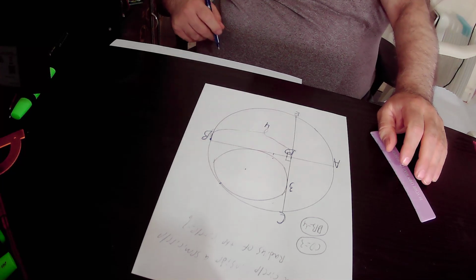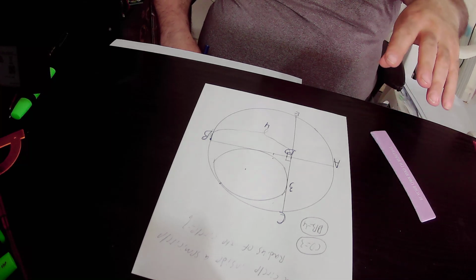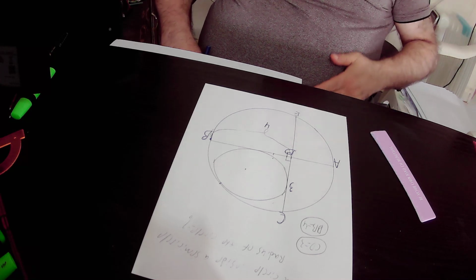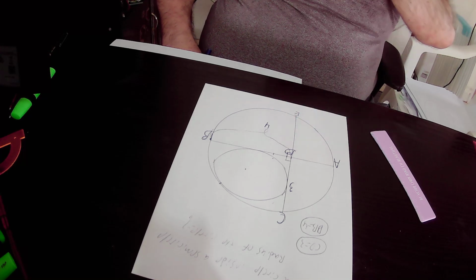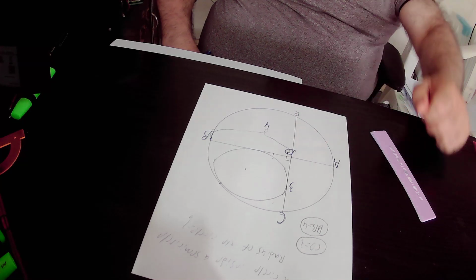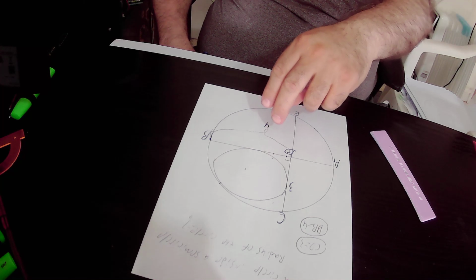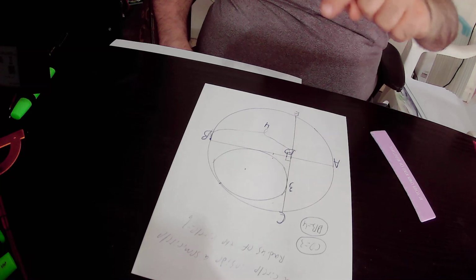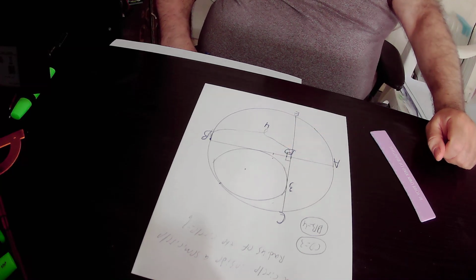So actually, when we did the construction and created a circle from this semicircle, the second semicircle that we created is actually a mirror image of the original semicircle. I repeat again, the second semicircle that we created by the construction is a mirror image of the original semicircle, this semicircle.